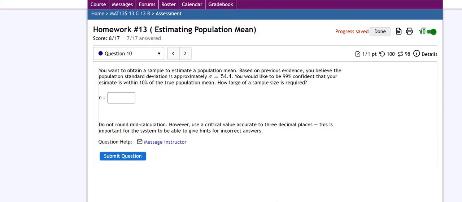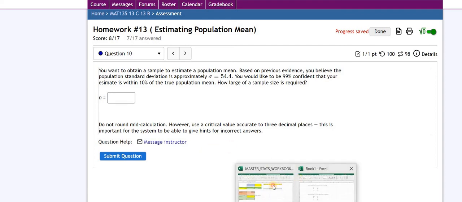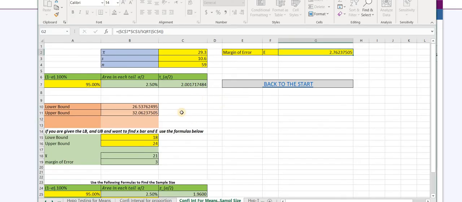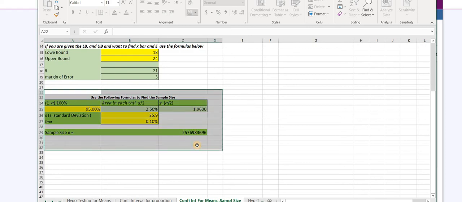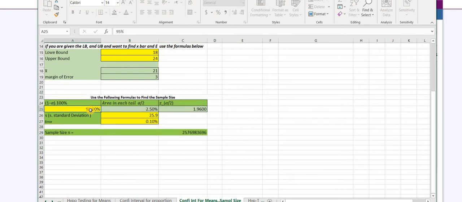In this case, I'm going to go to the sheet right here and look at the very bottom part of the sheet, which allows me to find the sample size using the following formulas. The first thing I need to change: the confidence level is 99%, the standard deviation is 54.4, and the margin of error is 10%.